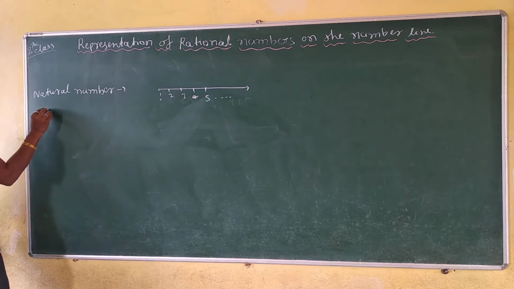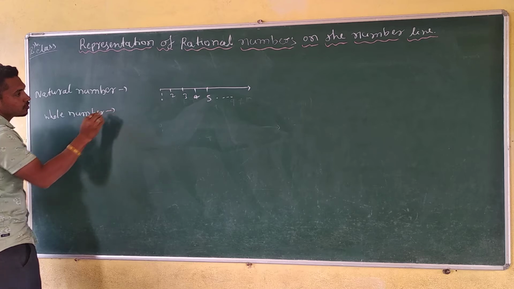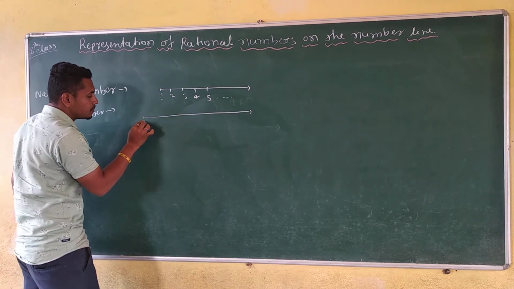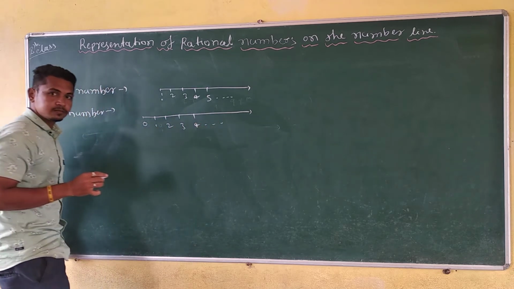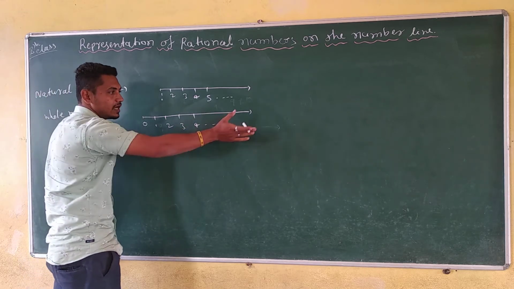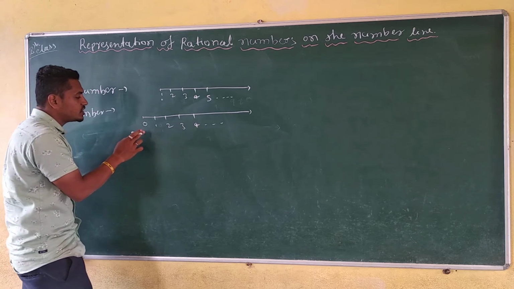Next, whole numbers. Here this is one number line and this number line represents some numbers, and so on, continuously extended. This number line is extended on the right hand side of 0.